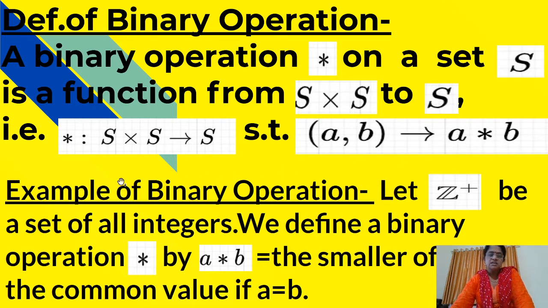Now we will see one example of binary operation. Let Z plus be a set of all integers.